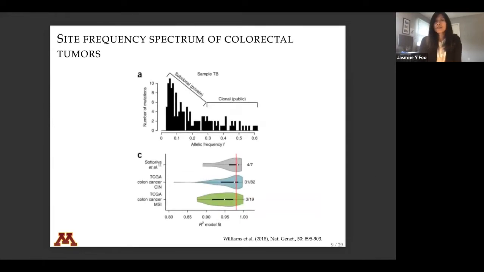This is a figure from this Williams et al. paper. You can see the actual SFS of a colorectal tumor sample, just to give you some idea of the limitations involved in looking at real data and comparing to these theoretical results. One thing to note here is the x-axis is the allelic frequency, taking into account the fact that humans are diploid. So the numbers here represent half the percentage of cells in which the mutations are observed.